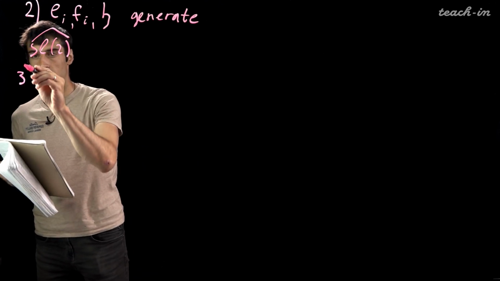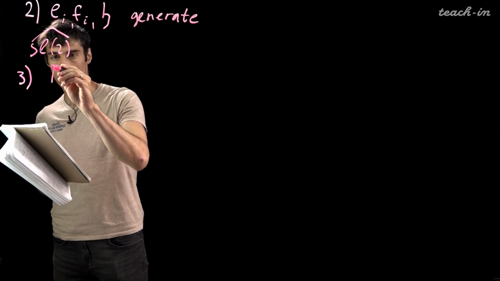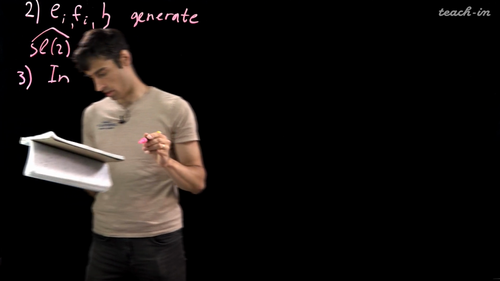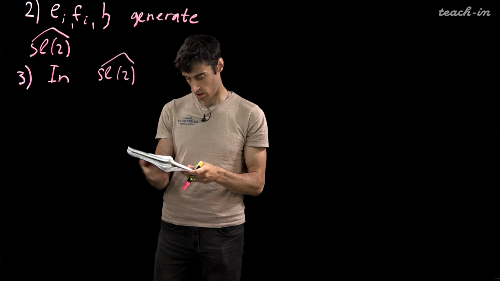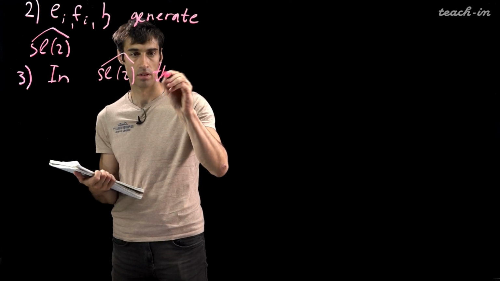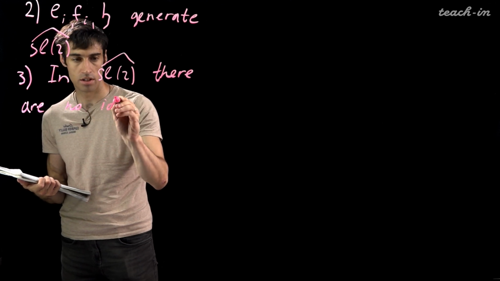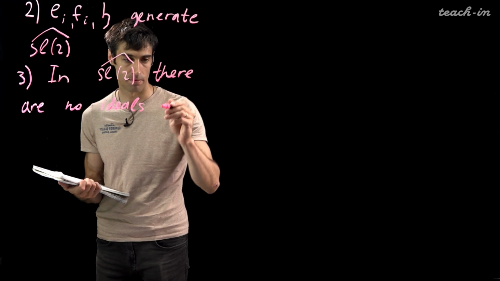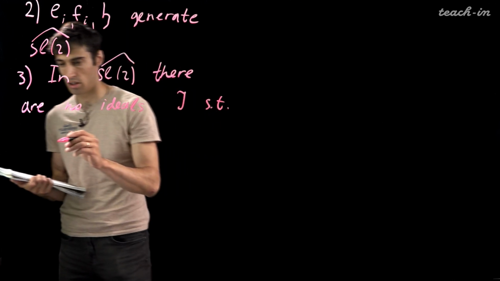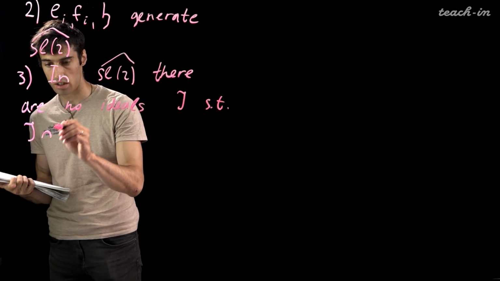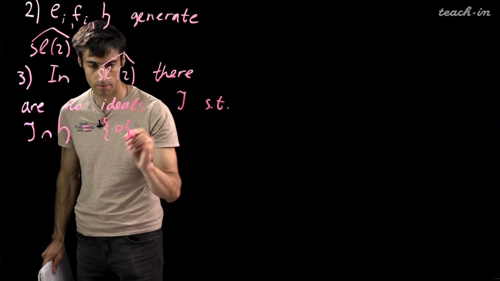And the third item is that we would like to see that in SL2 hat, there are no ideals, say J, such that J intersects H trivially. So the intersection is just 0.